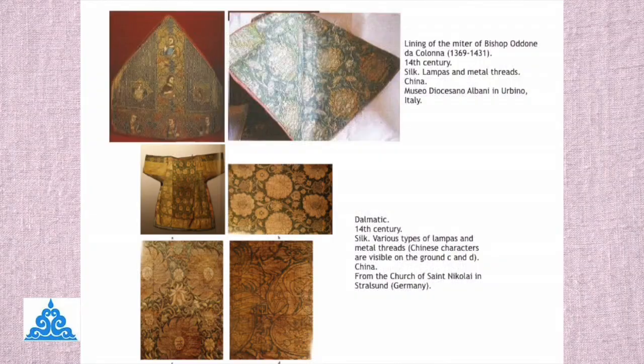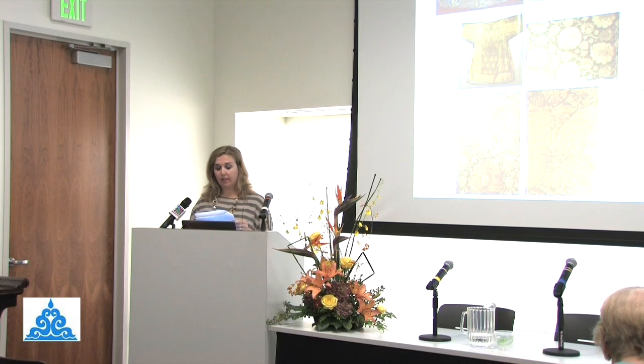Among those is a lancé lampas of green ground with flowers in yellow of a metal thread, which was used as the lining of the mitre of Bishop Oddone da Colonna, up there. This floral pattern also records the type used for the dalmatic found in St. Nicholas Church in Stralsund and another one in the Brandenburg Cathedral, both in Germany.